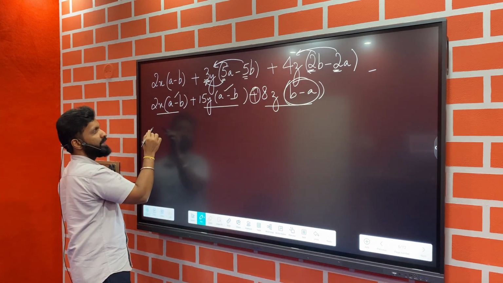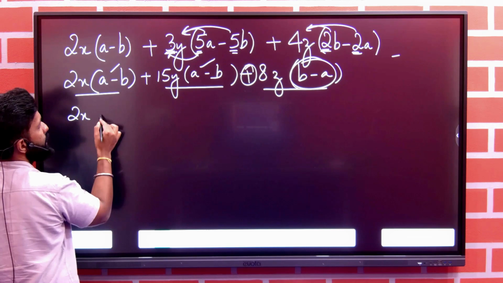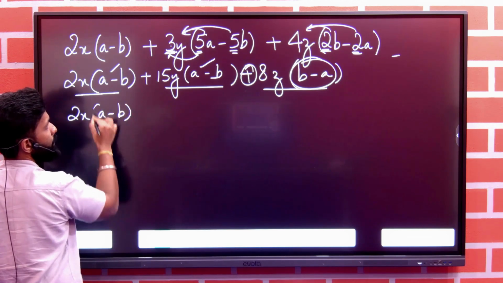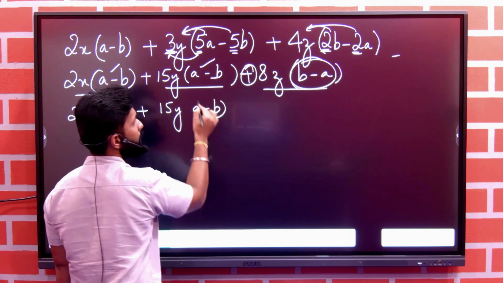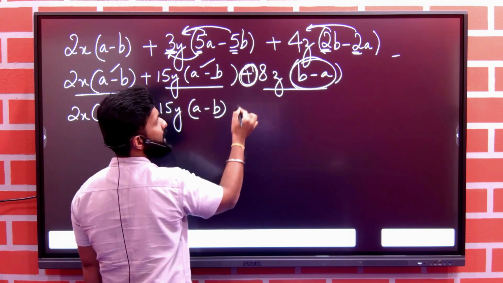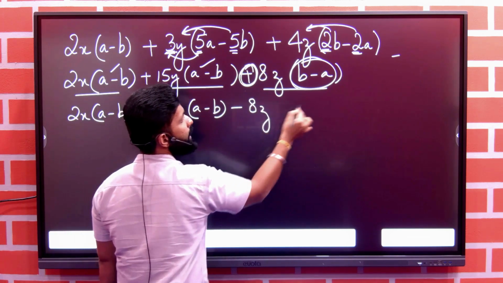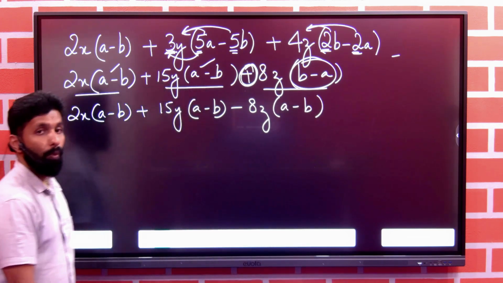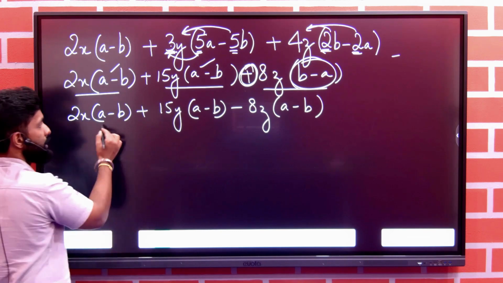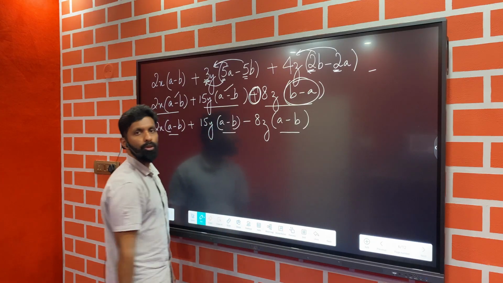So copy the same thing once again. 2x into a minus b, 15y into a minus b. Just change this sign. If it's plus here, make it minus and reverse what is there in the bracket. Why did we reverse? So that I can see a minus b common throughout.